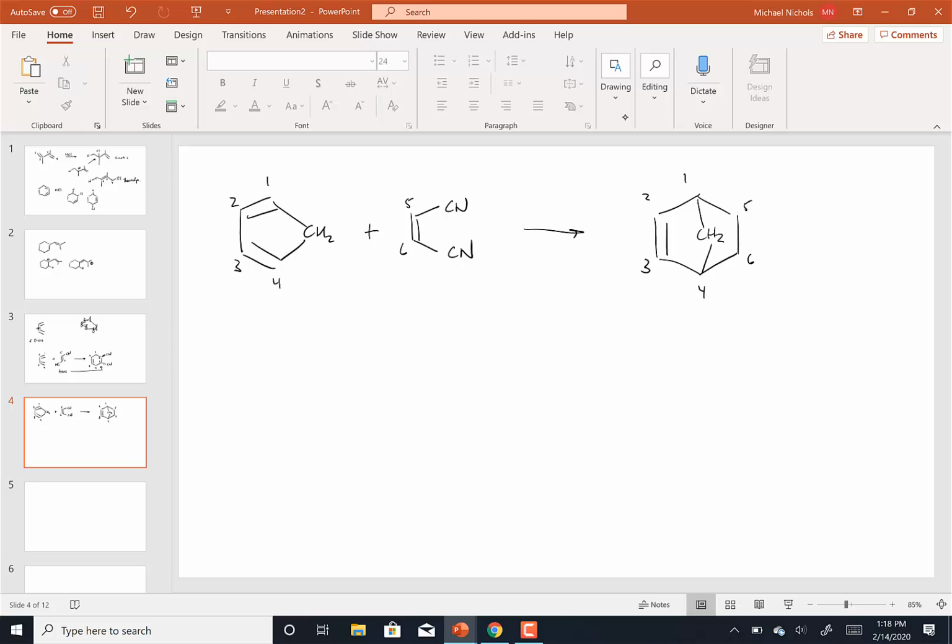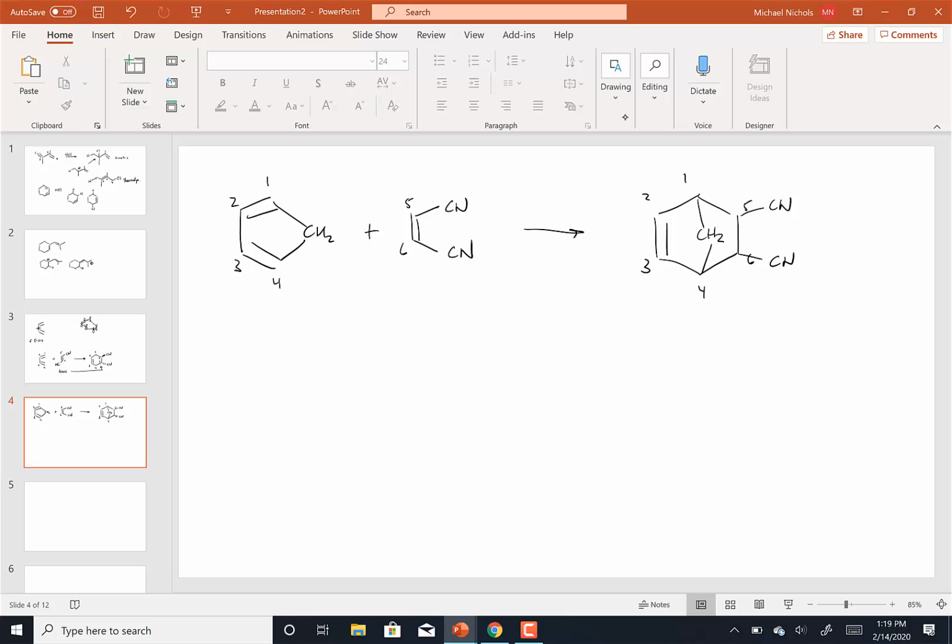And then what's attached to carbons 5 and 6? The 2 CN groups. Okay, now notice I'm not showing stereochemistry yet. I'm going to show the stereochemistry that is possible in a minute. So that's just the structure of the molecule with no endo or exo.